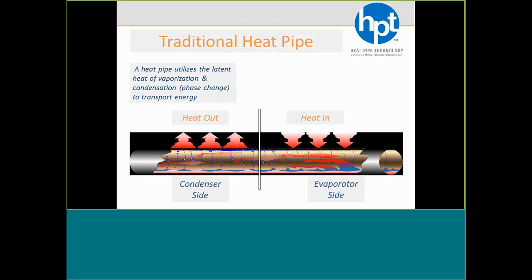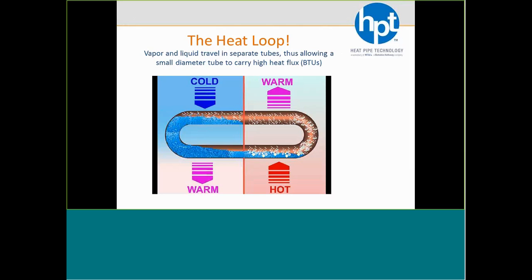It's going to boil, and you're going to create a pressure differential within the heat pipe, and that vapor is going to move all by itself to the other end, where it'll give off the heat to the cooler airstream, and then that vapor turns back to a liquid and goes to the other side, picks up the heat, turns to a vapor, goes back to the other side, and it's going to keep working all by itself. All you need is a delta T, you create a delta P, and that's the driving force within a heat pipe. Now that's what we call a single tube type circuit, where you've simply got a single tube.